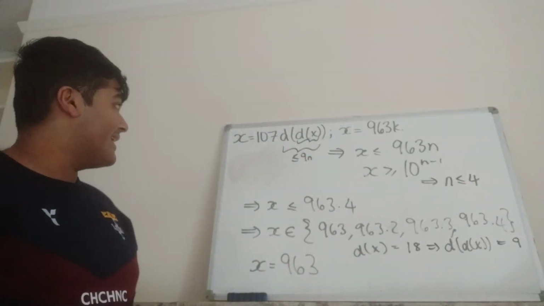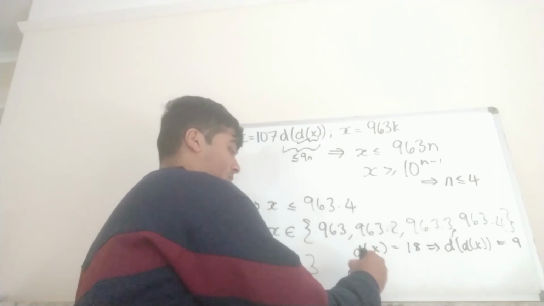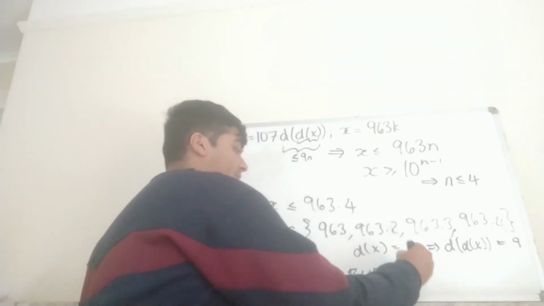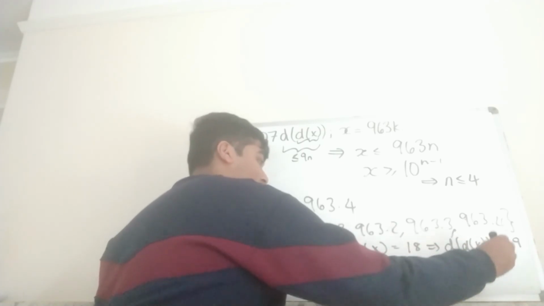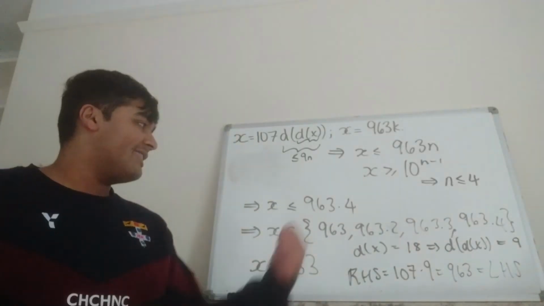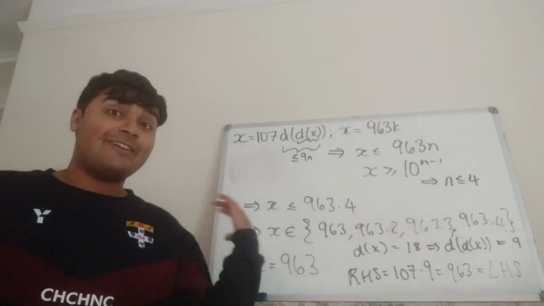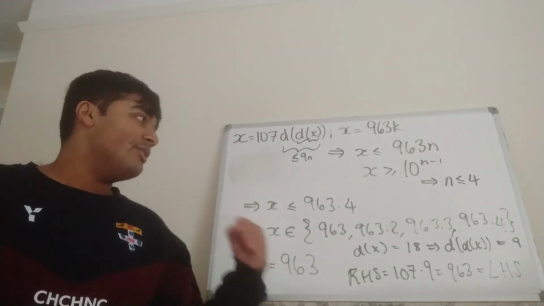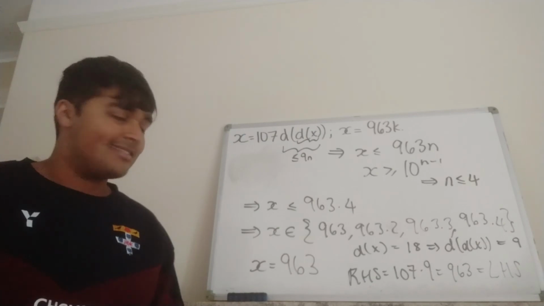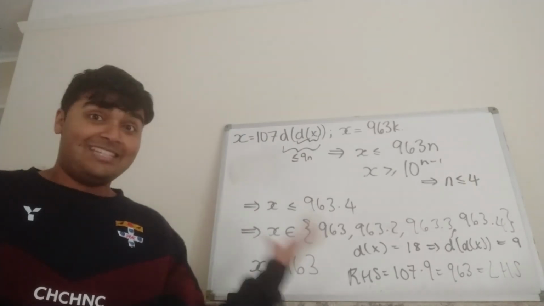So on the right hand side we have 107 times 9, which is 963, equal to the left hand side. So this is indeed a valid solution, and in fact the only solution, because when you test the other cases, which I'll leave as an exercise to you, you don't get the left hand side equal to the right hand side. So that is the end of that STEP problem.